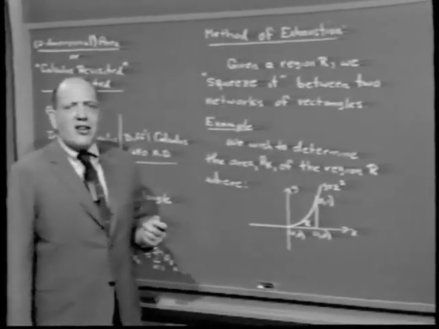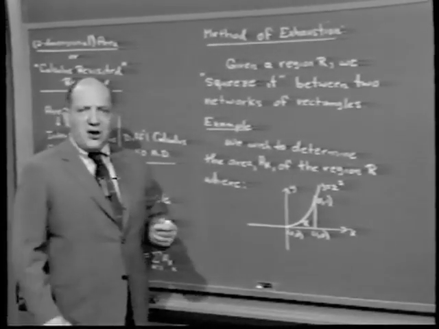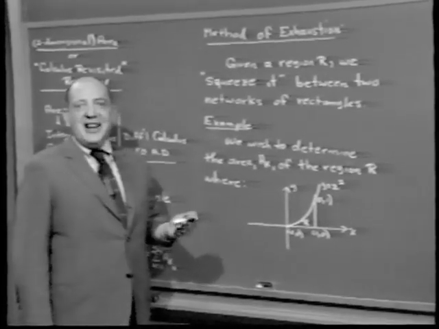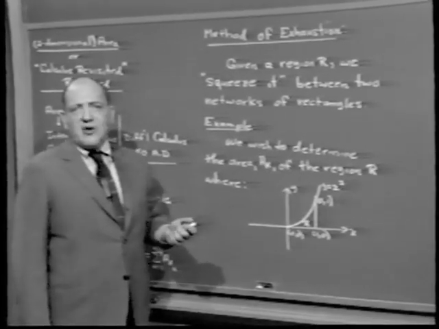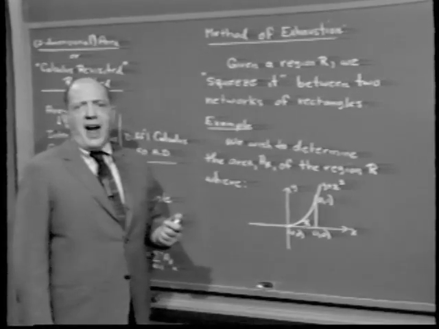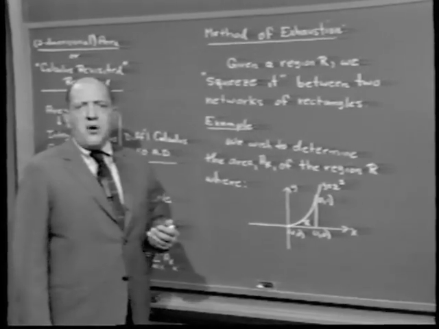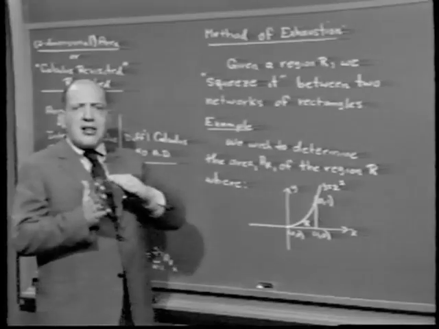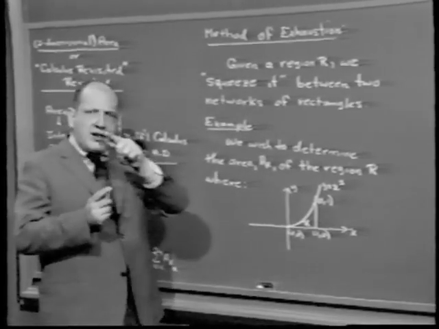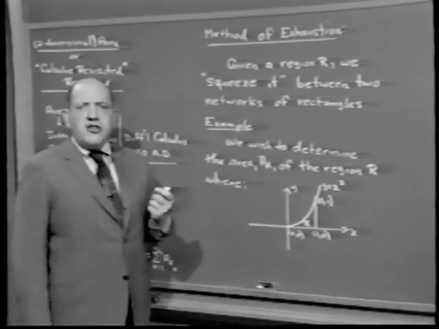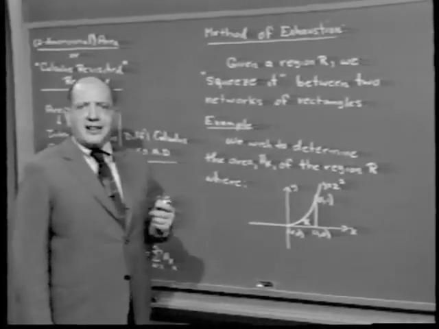And here, exhaustion does not refer to the fact that we get tired using the system, even though, as we shall soon see, it's quite intricate. It refers to the fact that we take the region whose area we want to find and exhaust the space by squeezing it between regions which are made up of rectangles.